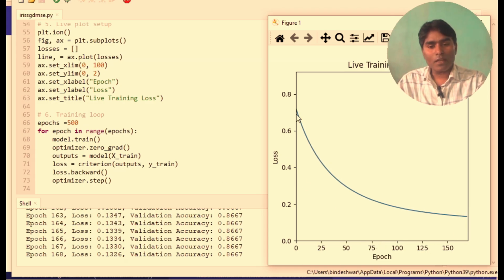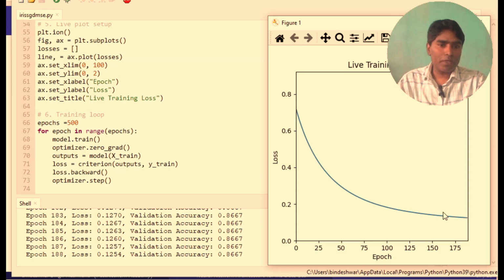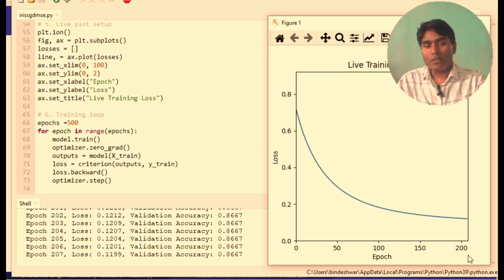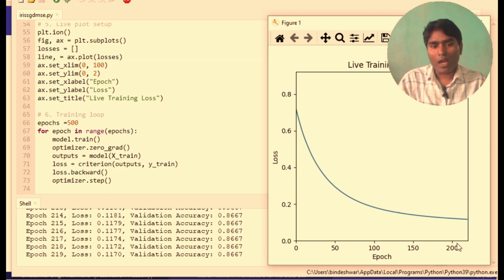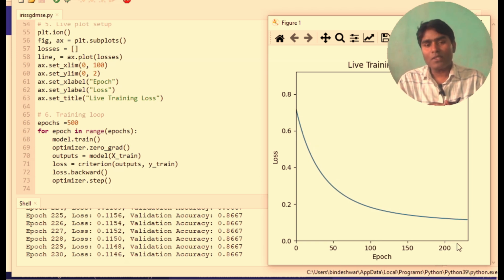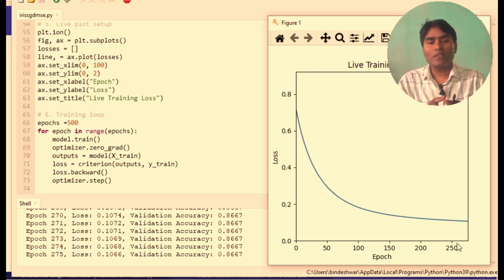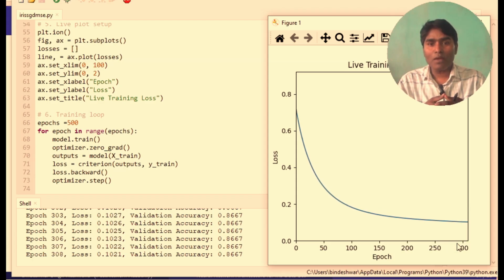We will see that loss will be decreasing when the number of epochs is increasing. Why is it happening? Because the MSE loss function is a convex function, and that is the property that a convex function has only one minima, or you can say that local minima is global minima.